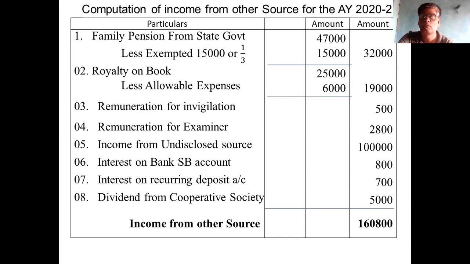Daily allowance is exempted. I know it. But other allowance, I don't know exactly. If it is considered as daily allowance, that is also exempted. So in the books, they are exempted and I also exempted that amount.